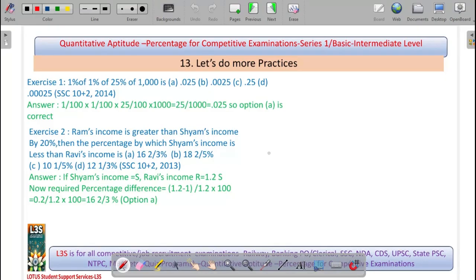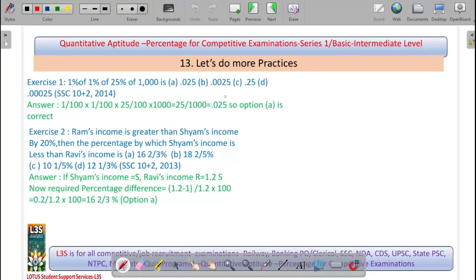Okay, so first exercise 1. 1% of 1% of 25% of 1000 is, options A 0.025, B 0.0025, C 0.25, D 0.0025. Which one is the correct? So how you will do this?